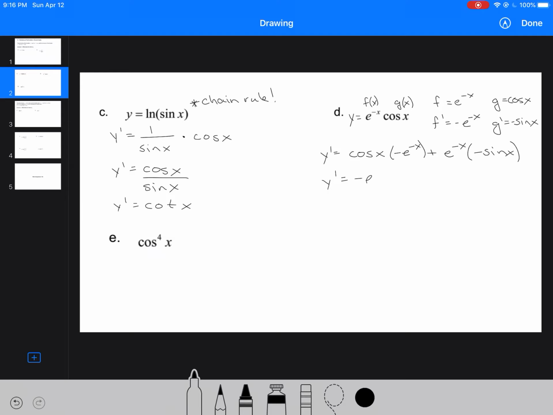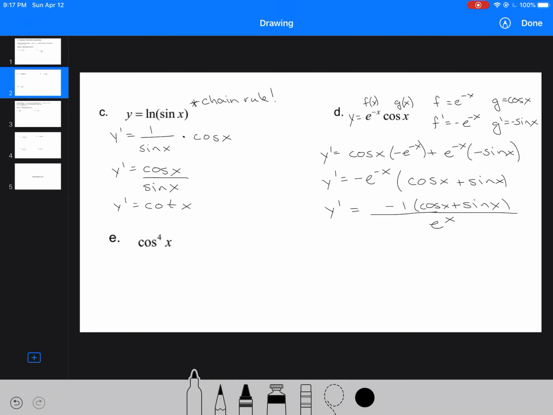And then we can simplify this one a little bit further by factoring out minus e to the minus x, which is going to leave us with cos x plus sine x. And if we wanted to write this even further, y prime would be minus 1 times cos x plus sine x all over e to the x, if we wanted to write it with a positive exponent.